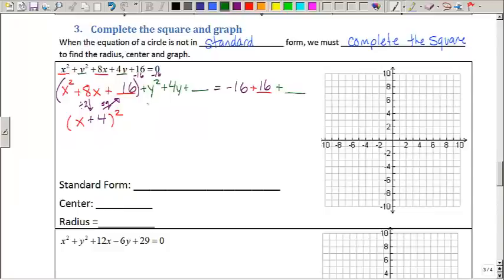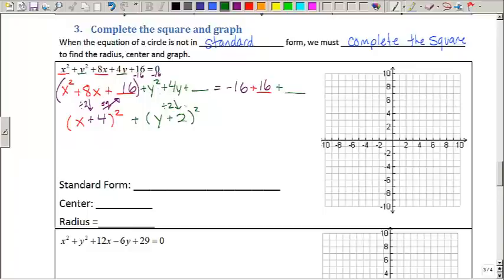Let's do the same process with the green. I would like my green y squared plus 4y plus some value to become something quantity squared. In order for that to happen, I need to have a value here. To find the value, I'm going to divide by 2. 4 divided by 2 is 2.